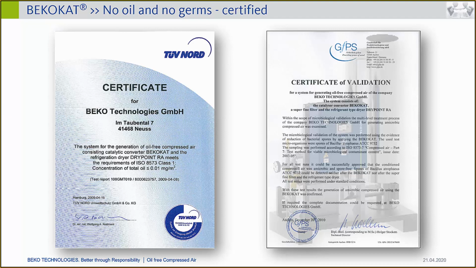But maybe just as an answer, you could also just install a cooler after the BEKO and then you don't need a bigger dryer. Okay. Absolutely true. If it comes to the edge of performance of one type of dryer, it's definitely recommended to use a bigger one or to cool down the compressed air in between. Absolutely true. Exactly. Okay, that was it so far. Then please go on with the rest of the presentation.